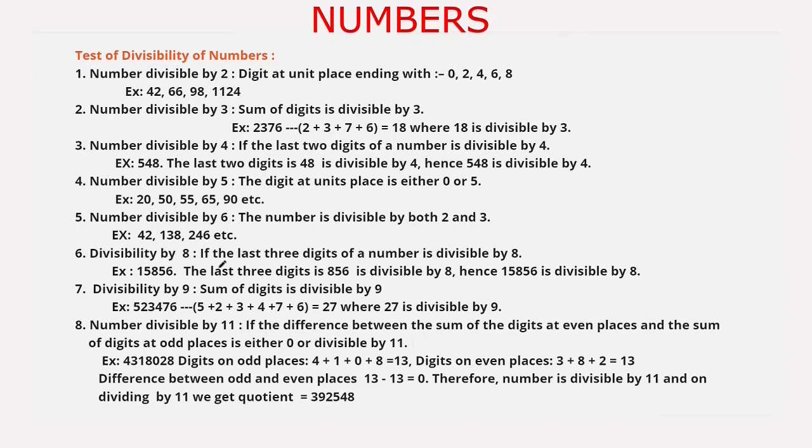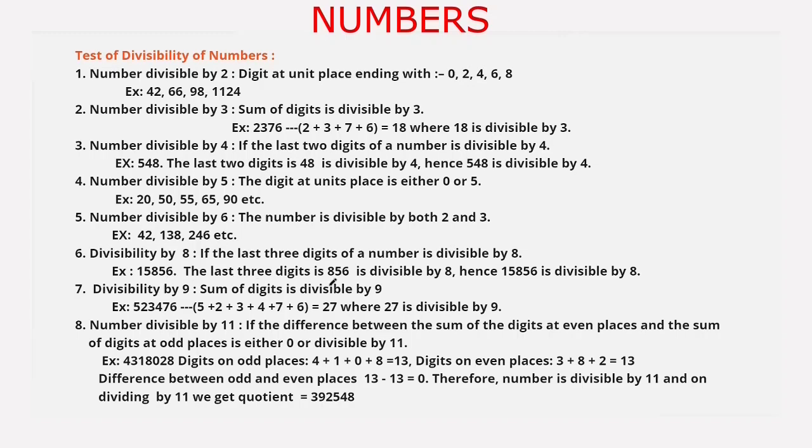Divisibility by 8. If the last 3 digits of a number are divisible by 8, then the number is divisible by 8. The example number is 15,856.